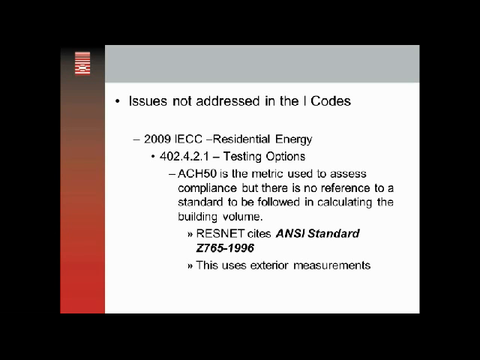Code Council went with ACH 50 initially. Back to the 2012 IECC commercial provision, the commercial provision actually uses one of the newer metrics, which is CFM per square foot of surface area of envelope, and that's a metric that's really gaining traction. We see that again in the 2012 IECC commercial provisions. It's also the metric cited by the Air Barrier Association of America.